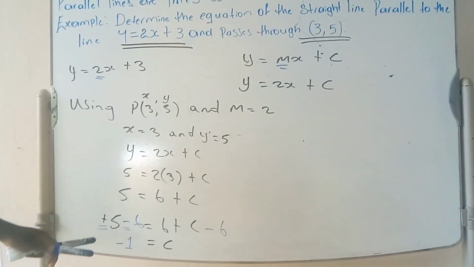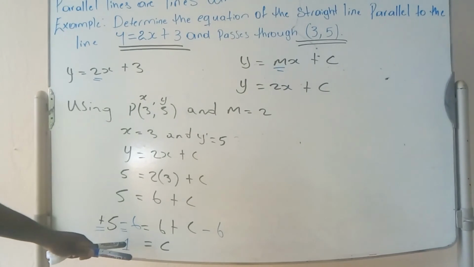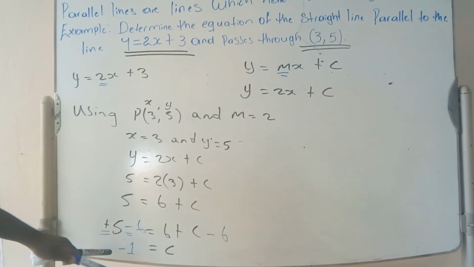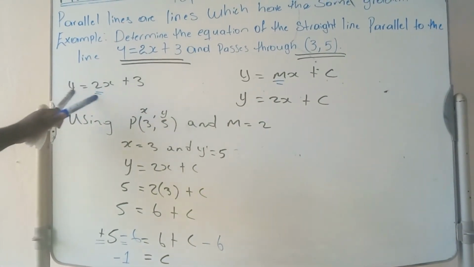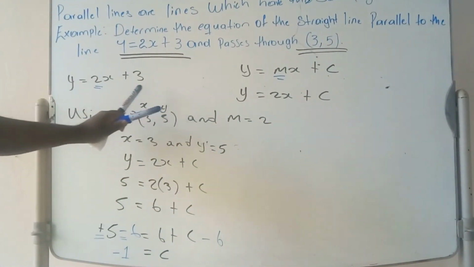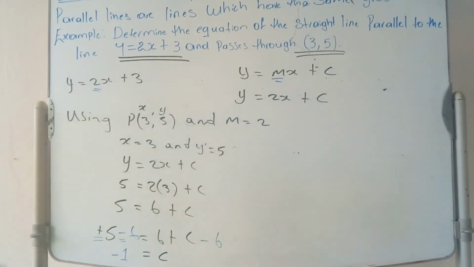And remember that the c value is also known as the y-intercept. So we can therefore go ahead and complete the equation that is parallel to y equal 2x plus 3.